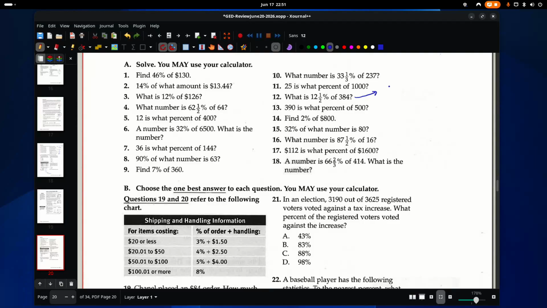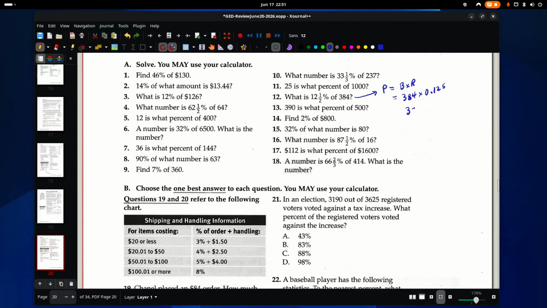So what is 12.5% of 384? So we want to know what is the part. So the part is equal to the base times the rate, which is equal to 384, which is our base, times 12.5%, or 0.125 as a decimal number. And so we can multiply those.